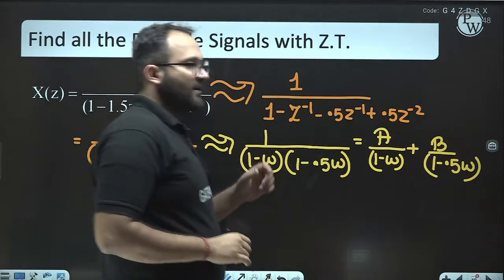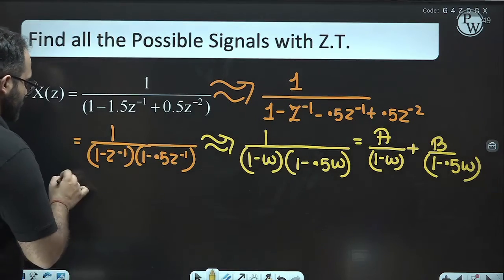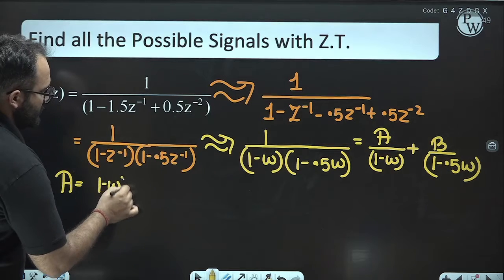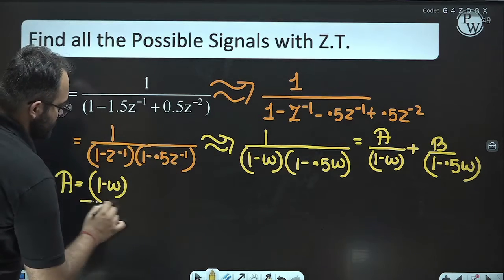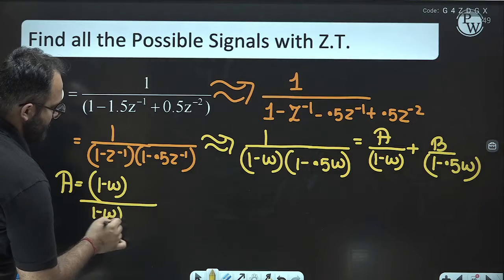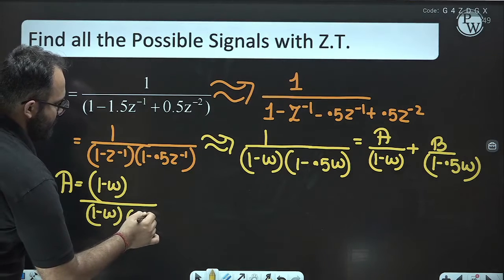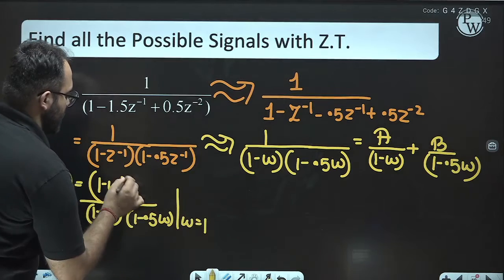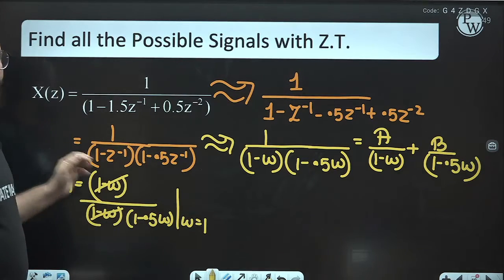Okay. So now let's find out A and B. A is equal to 1 minus w multiplied by this function, and we put w equal to 1. We cancel it, we put w equal to 1, we get 2.